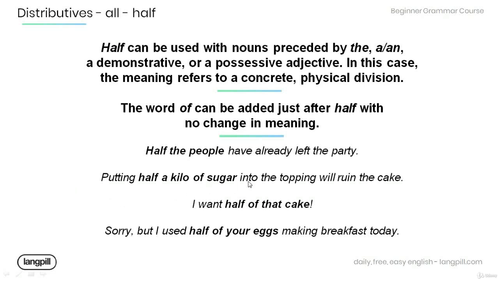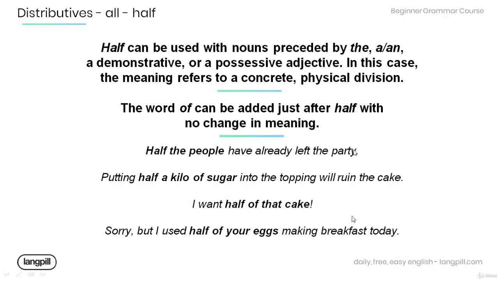Putting half a kilo of sugar in the topping will ruin the cake, meaning that we have to put just a quarter of sugar in the topping, not half a kilo. I want half of that cake, meaning that I do not want the whole cake.